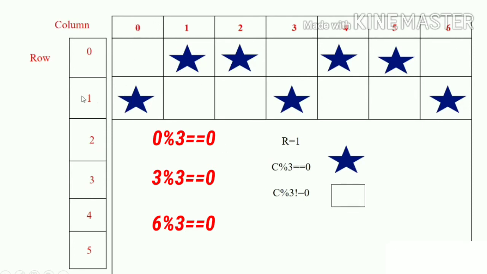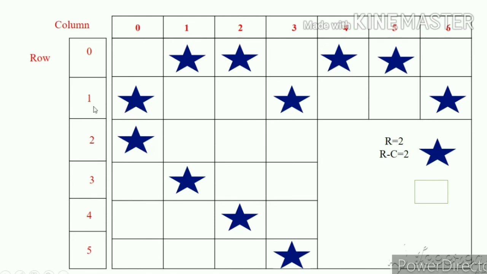So in row 1, column 0 we print a star, column 3 also, and column 6 also. But in other places, where the remainder is not 0, we have to print a blank. As you can see, at 1, 2, 4 and 5 we print a blank.